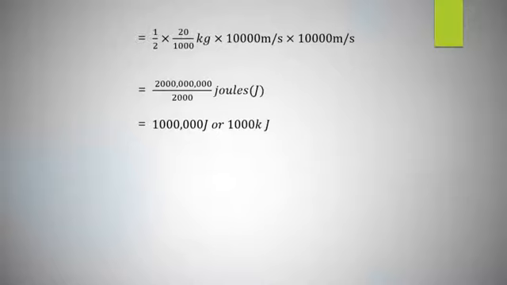That is why the first answer, 1 million joules, was changed to 1,000 kilojoules, just to make the number smaller in sight, but not in value. The value is still the same, but it occupies smaller space.